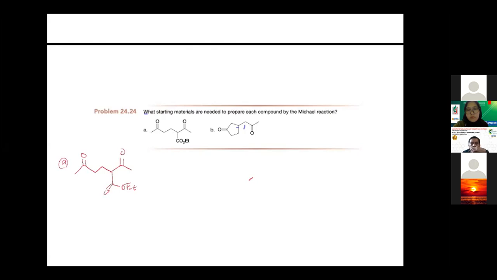So this is the alpha position. This is the activated carbonyl ketone group. And this one is the carbonyl. This is the alpha beta position. If this is cut here, yes, we can make the Michael reaction from both compounds. So we want to choose this kind of compound and this one.